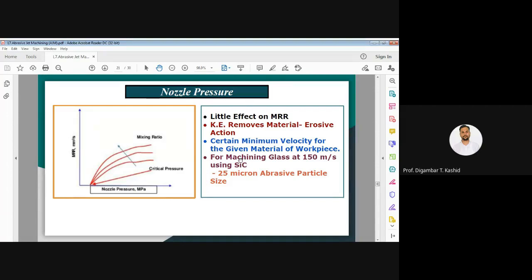This 150 meters per second is the minimum velocity that you require of your abrasive particle for machining glass, with silicon carbide abrasive particles of 25 micron. Okay, and if the velocity of the abrasive particle is less than 150, then it will not be able to remove the material from your glass. So that will decide your critical pressure.